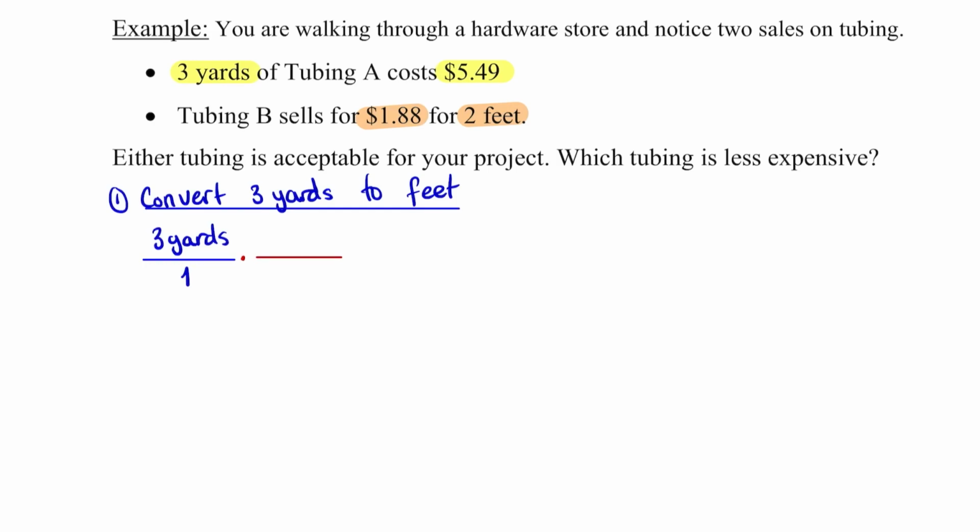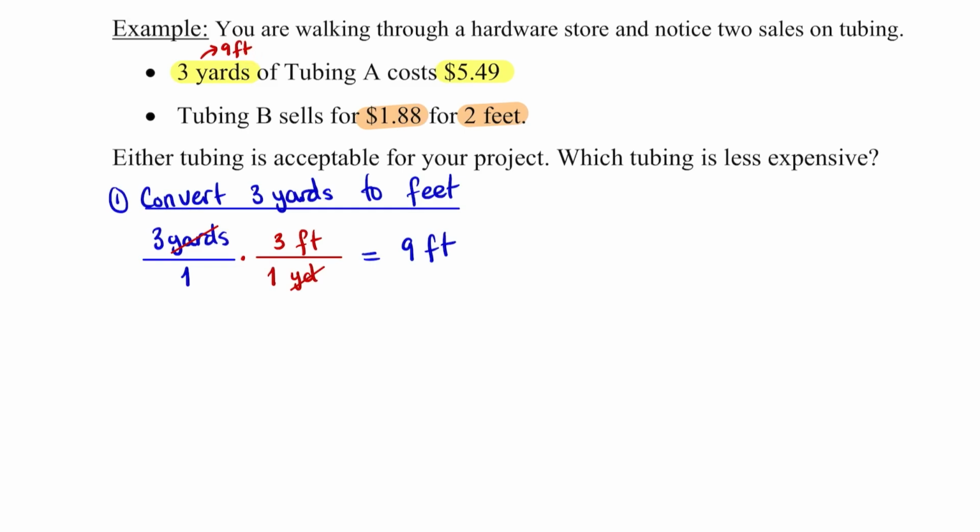In this fraction, I will have yard in the denominator so that it gets canceled out, and feet in the numerator. And I know that 3 feet is equivalent to 1 yard. So yard cancels out, and I have 9 feet. 3 yards is equivalent to 9 feet.